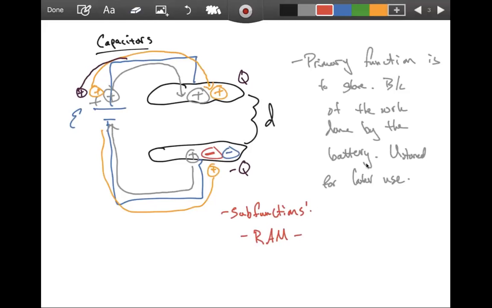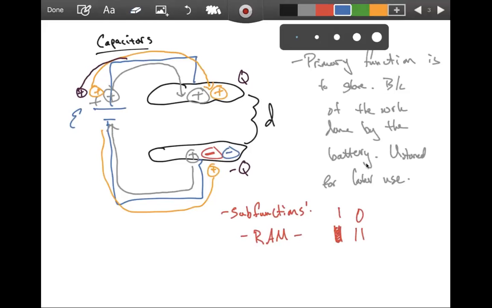So I have a string of capacitors, and whichever capacitors are fully charged, so let's say here's my capacitor and it is fully charged, then this acts as a 1 in binary code. But if I have another capacitor which has no charge on it, this acts as a 0. So this acts as your 1s and 0s as you are using your computer. So this is a sub-function. Another sub-function is that this acts as surge protection.